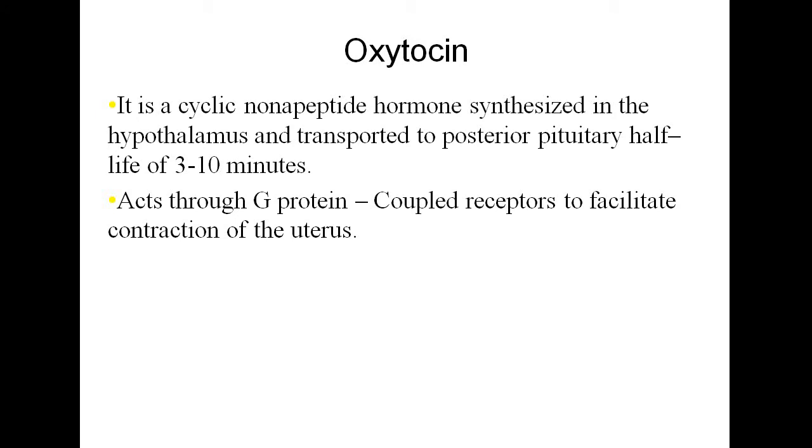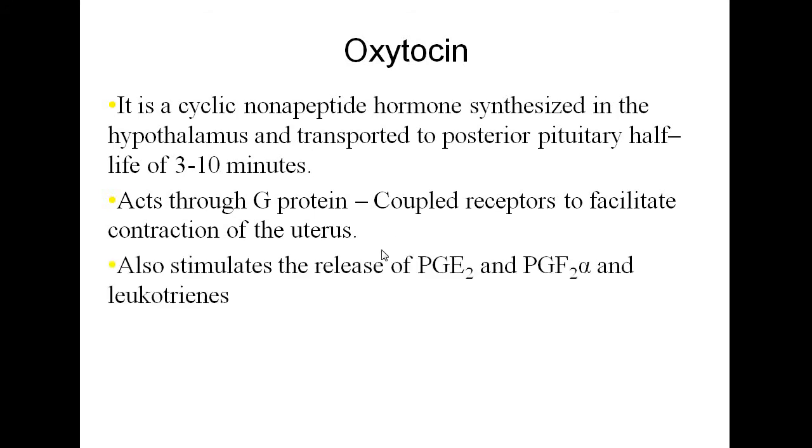Oxytocin acts through G protein coupled receptors, thus causing uterine contraction. The action of oxytocin on the uterus is not uniform in that it also stimulates the release of PGE2, PGF2 alpha and leukotrienes, which are also uterine contractants.